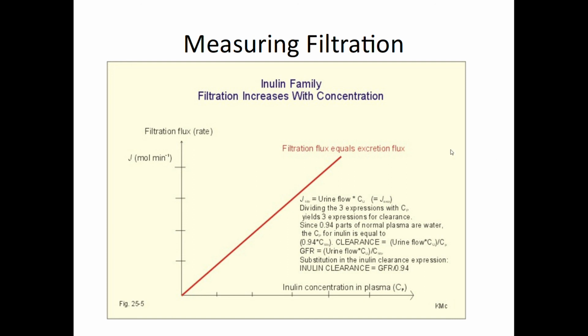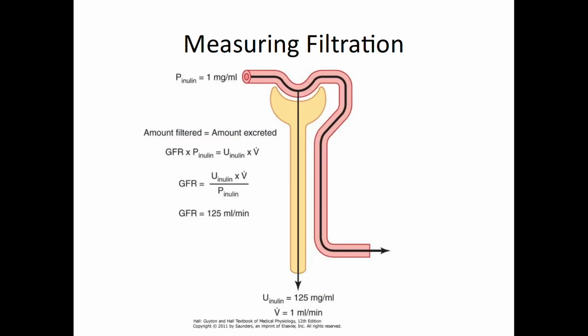And so inulin is one of those things that is not reabsorbed and not added by the kidney. So however much inulin was filtered out in the first place, that is how much inulin is in the urine. So we can look at how much inulin was in the blood and how much inulin is in the urine. So we've got plasma inulin here.